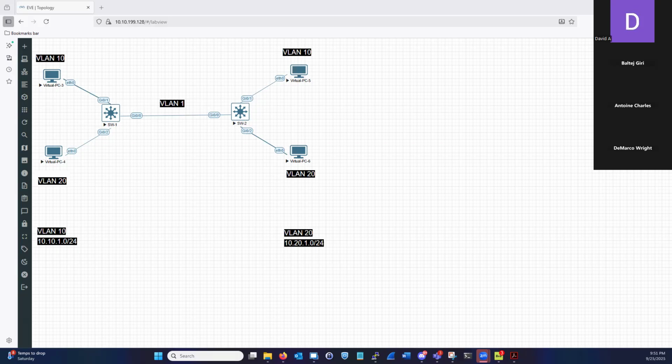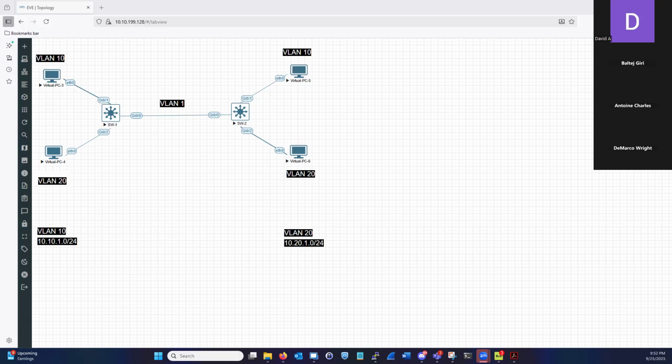I did not, did I? What you have labeled here is that over that link I just have VLAN 1. Correct. So even though these switches have the same VLANs, exactly what DeMarco said.